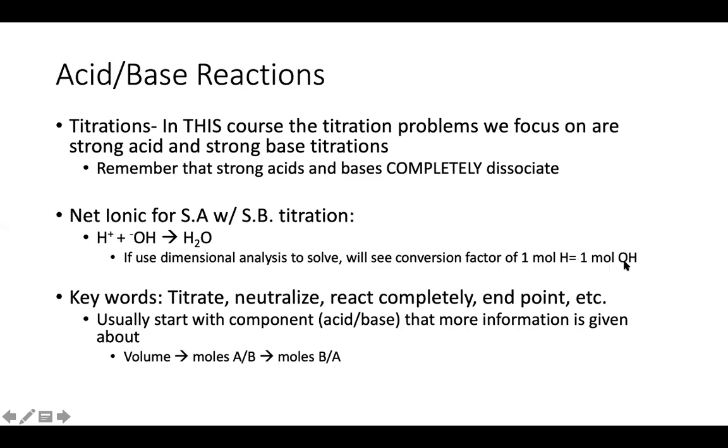And in a titration problem, this allows us to convert from information regarding our acidic species to basic species, or it allows us to go from talking about a basic compound to talking about an acidic compound, okay?